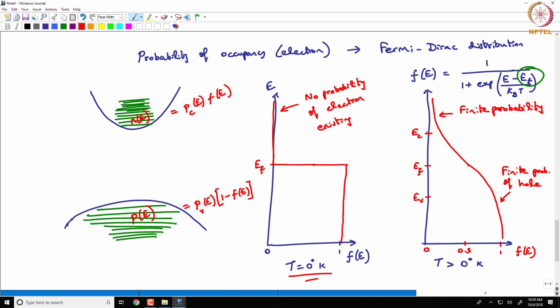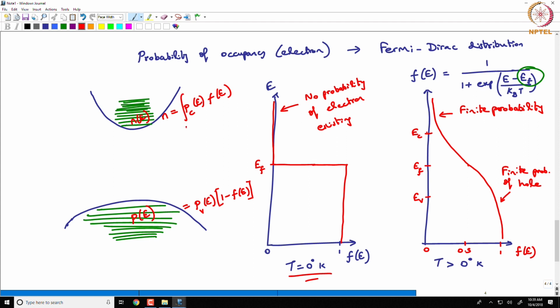So, if you want to look at the total, this is the concentration, this is the density that is distributed across the different energy levels, and if you want to look at the total electron density in the conduction band, what you have to do? You have to integrate over this.